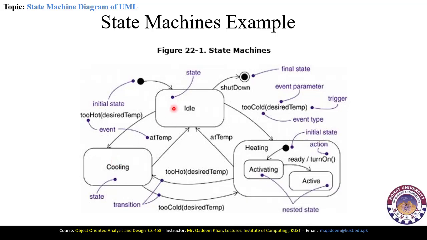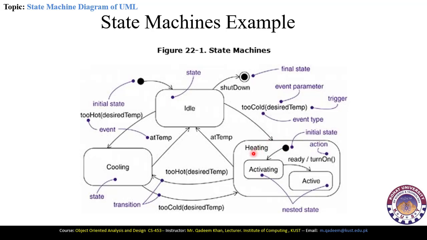So there is in fact a facility in today's systems that when the temperature is too hot, then the cooling state will be called here, meaning that the cooling state will be initiated. After the cooling state, again the system may go to the idle state. Now from the idle state, if the temperature becomes too cold, then the heating state will be called here.